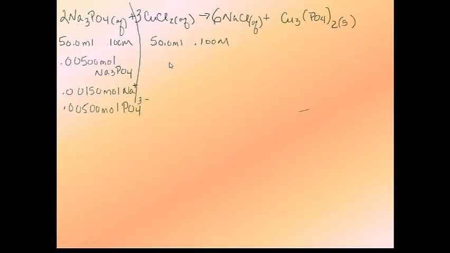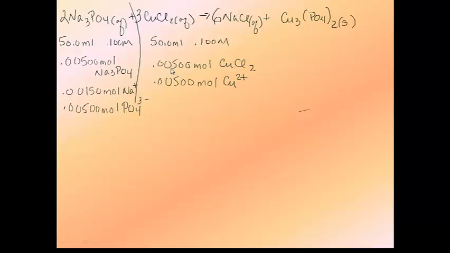And I'm going to do the same thing for the copper(II) chloride. Change the volume to liters, multiply it by the 0.1, and you will have 0.00500 moles of the compound. Copper ion, it's a 1 to 1 ratio. For every 1 mole of the compound, you get 1 mole of copper. I have 0.005 moles of the compound, so I have 0.005 moles of the copper ion.